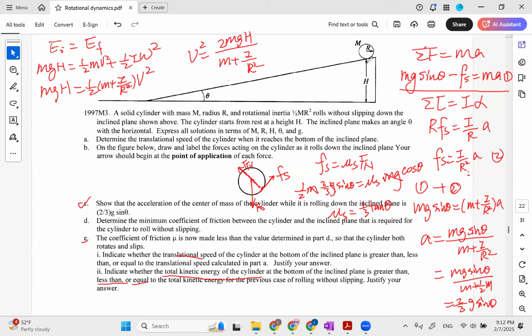And then the kinetic energy in this situation, even though translational kinetic energy is greater, rotational kinetic energy will be less than what you had earlier, right? So what you need to do in this case is mention energy is not conserved because there's friction doing work. Okay?